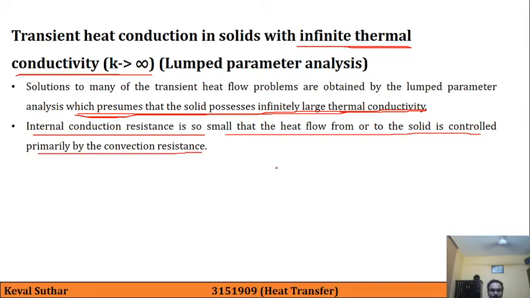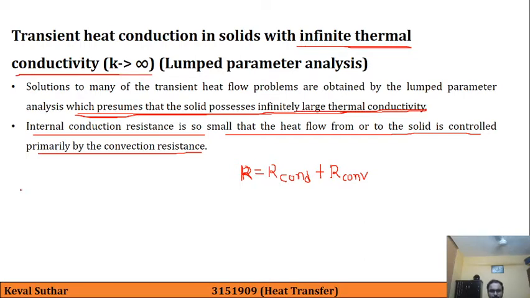So let me tell you that here generally the thermal resistance R is of two things: first conduction plus second convection.